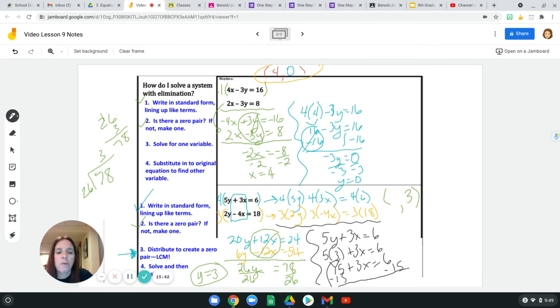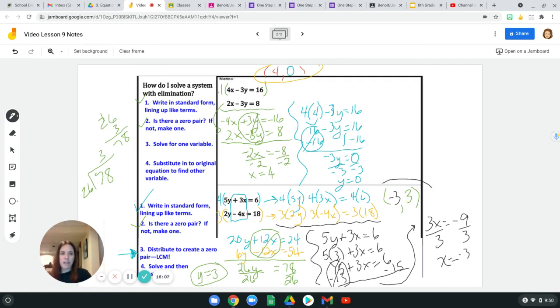I'm running out of room, so I'm going to go over here. 3x equals positive 6 and negative 15 is a battle. And that will be negative 9 because negative 15 is a greater distance from 0. Divide both sides by positive 3. And so then you get a negative 3 for your x.